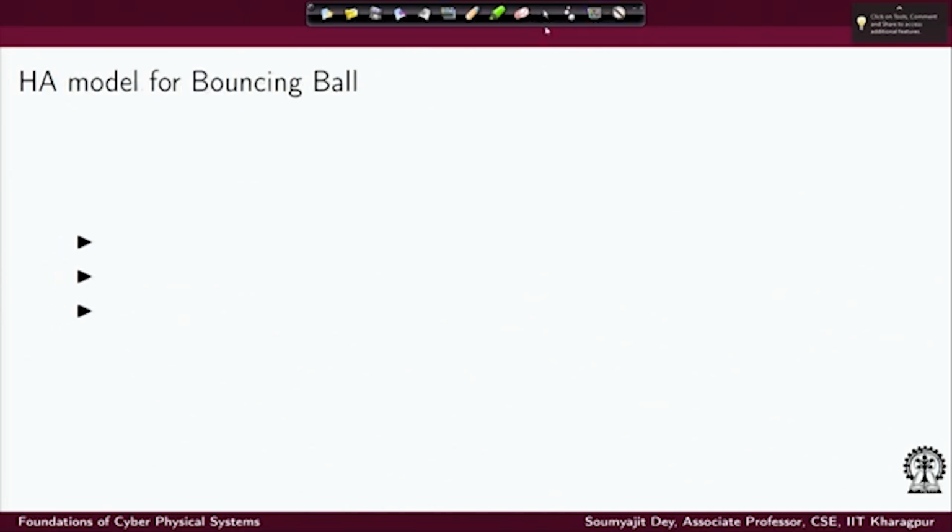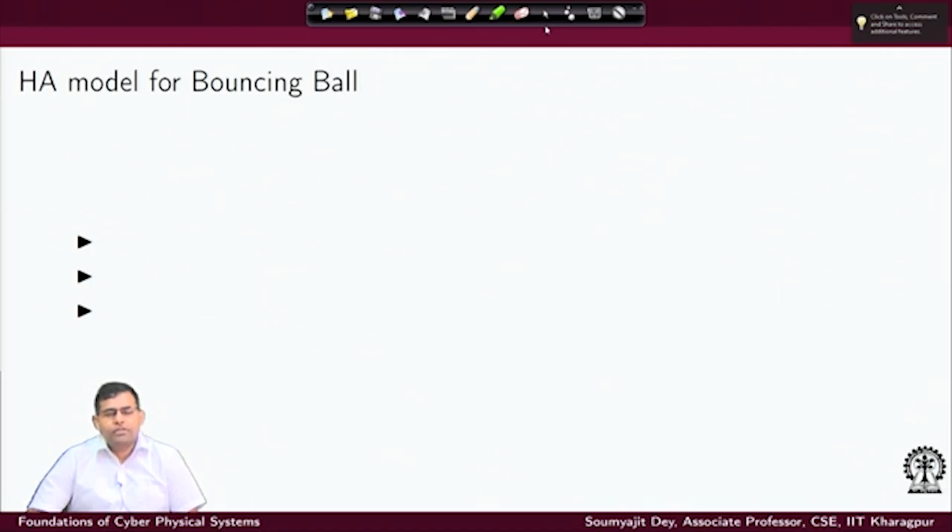Let us take an example from a very practical phenomenon, which is, let us consider a hybrid automaton for a bouncing ball. Now, why is a ball bouncing on a hard surface an interesting case? It is a real world scenario, but what is more important is, if you observe the dynamics of a ball in this setting, it has a continuous dynamics.